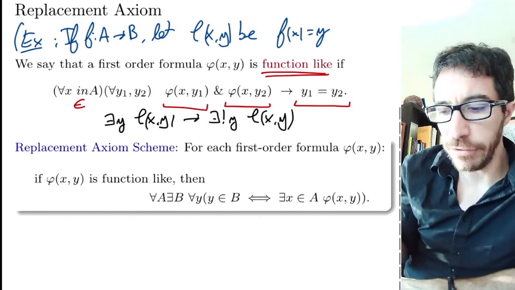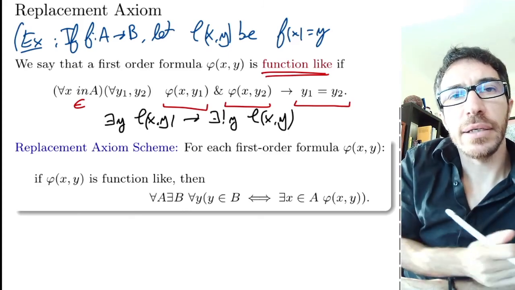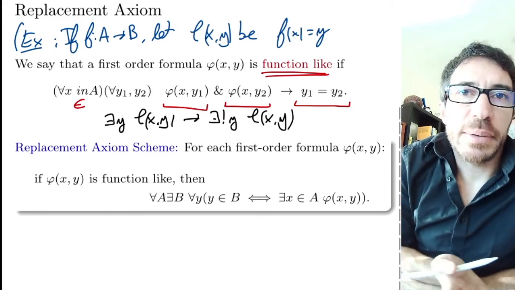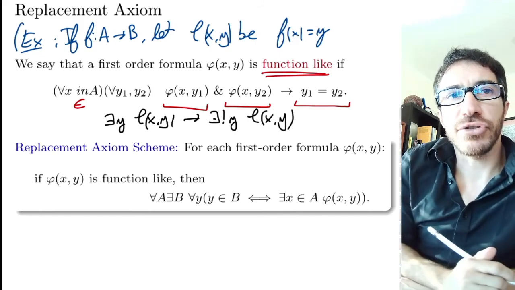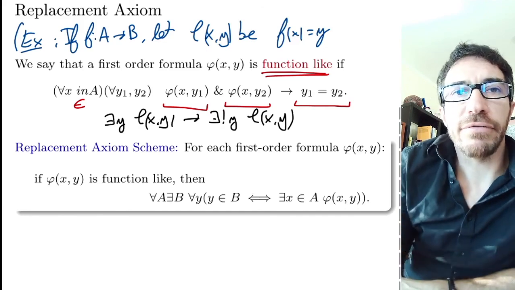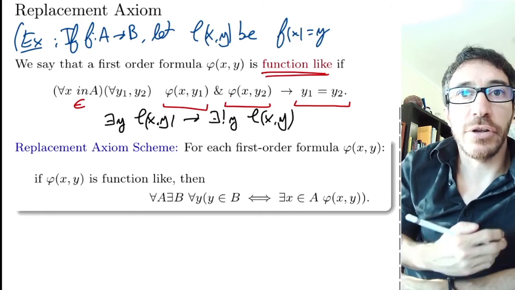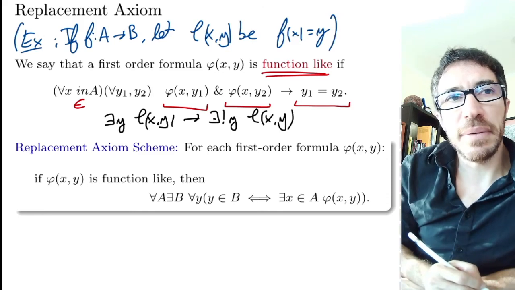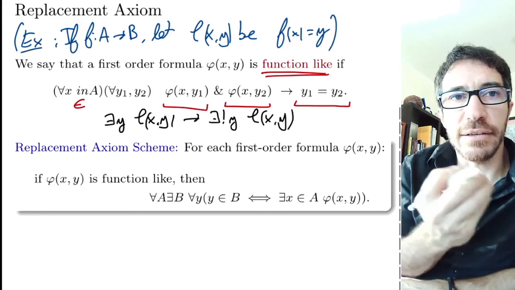It will have f as a parameter, that's fine, but it will be function-like. For each x, there will be a unique y, if there is one. Not all formulas are function-like, but some are. Essentially, it's a formula defining a function. The difference is that maybe we cannot define a function directly from the formula, because a function needs to be a set, and this formula maybe doesn't define a set. It behaves like a function, but it's not a set in itself.